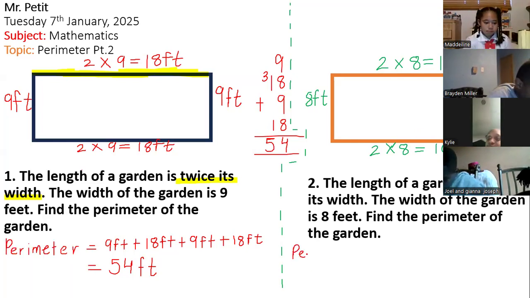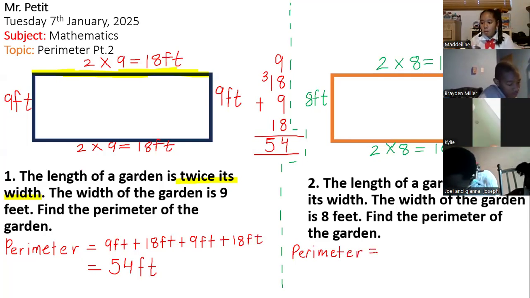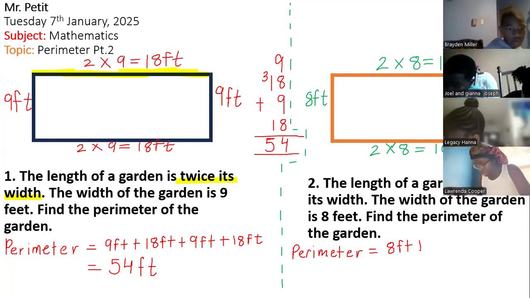I got 48 feet. I got 40 feet. 40 or 48? What are we getting? 40. Okay, interesting. So 8 feet plus 16. I got 48 feet.